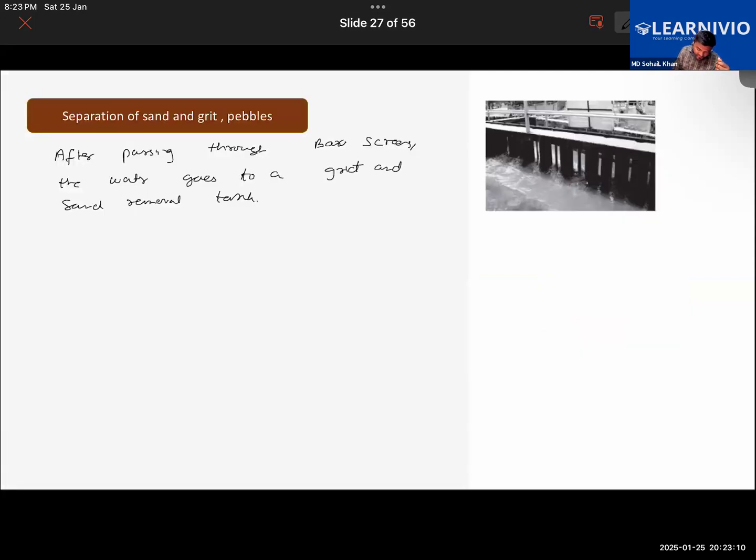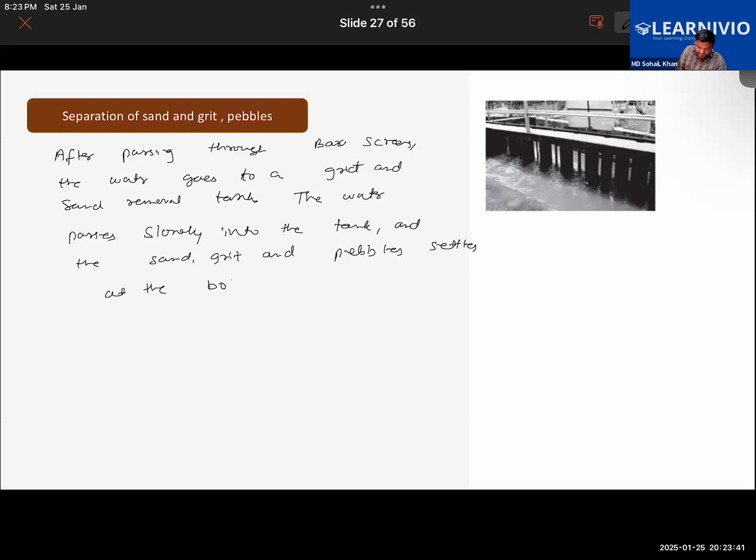Grit and sand removal tank, right? So the water passes slowly into the tank and the sand, grit, and pebbles settle at the bottom.